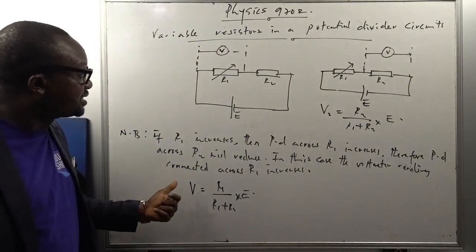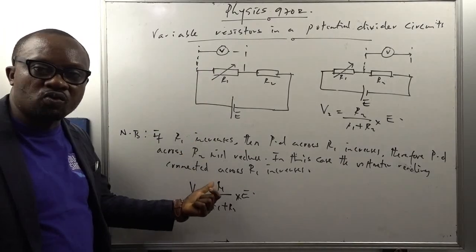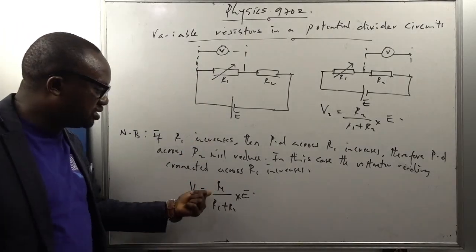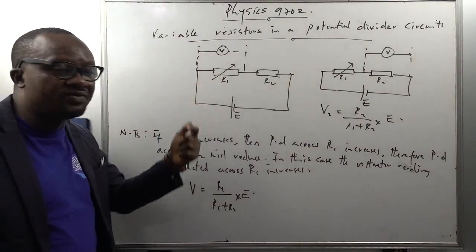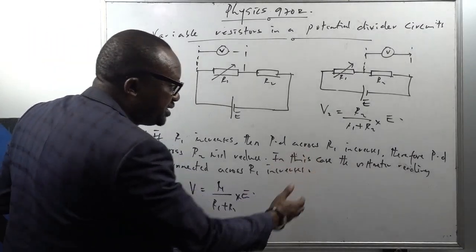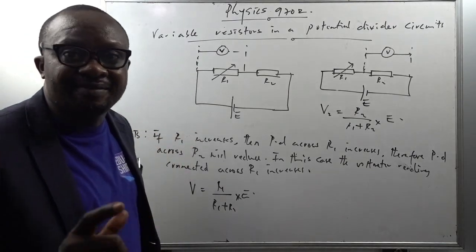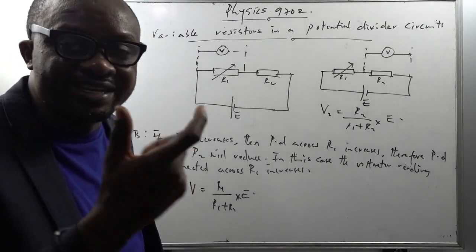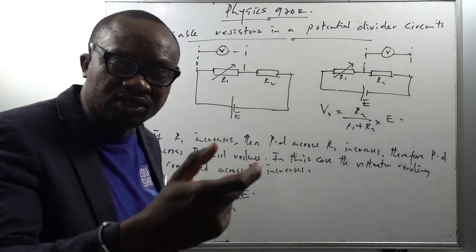But in this case, the voltmeter reading, which is the PD across R1, is directly proportional to the value of the resistance of R1. So whether you are using this expression to explain it, or you are using the proportionality, provided you understand that your independent variable is the resistance of the variable resistor.